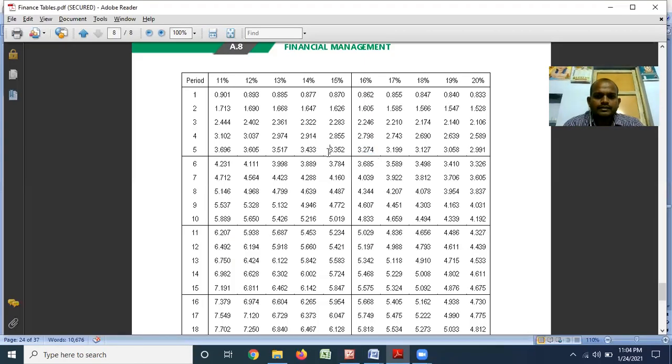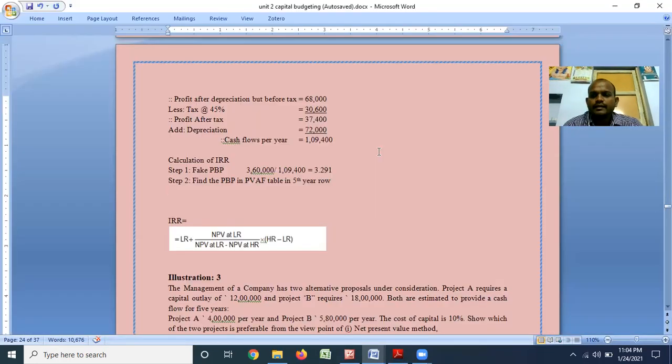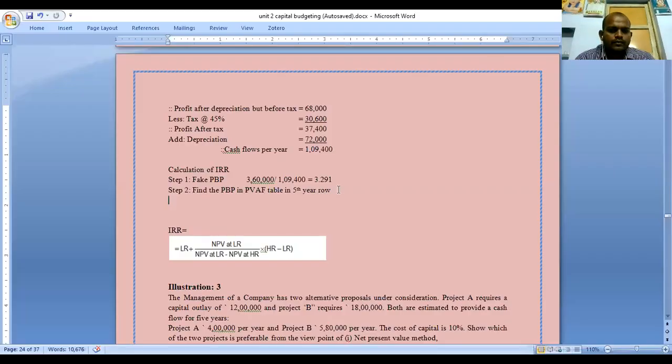So, this payback period lies between 15% and 16%. Now, we have to calculate the net present value. So, the figure lies between 3.352 and 3.274 at 15% and 16% respectively.